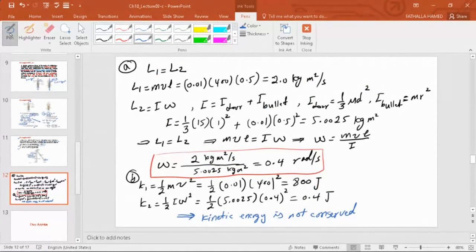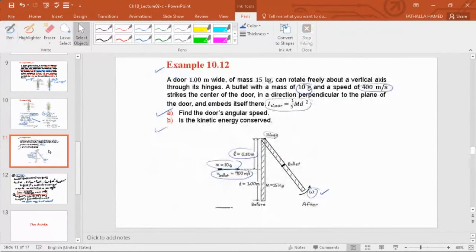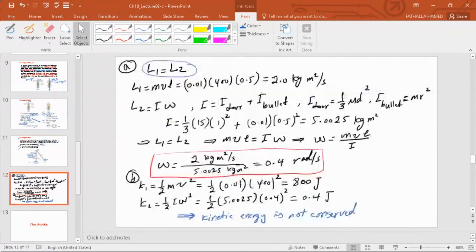Now we have no external torques, so we can say that L1 equals L2, and we can choose the Z-axis, so I don't have to put the subscript Z here, but it is rotating around the Z-axis. Now, the angular momentum before: what's causing the initial angular momentum? It's basically the bullet that hits the door in the center.